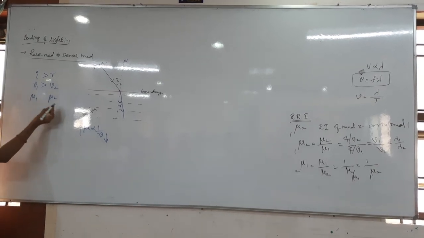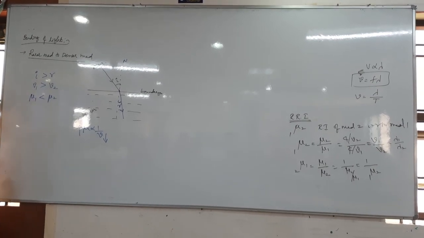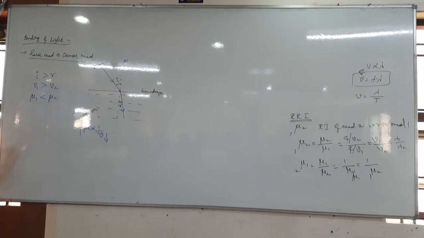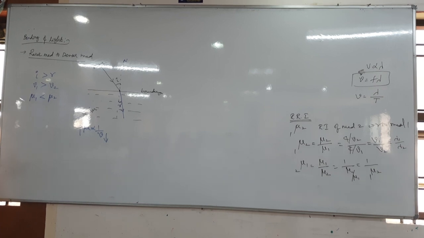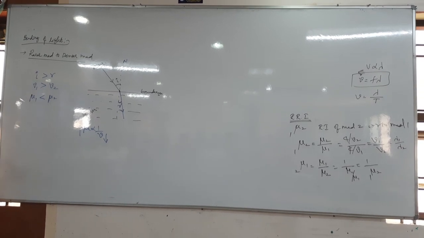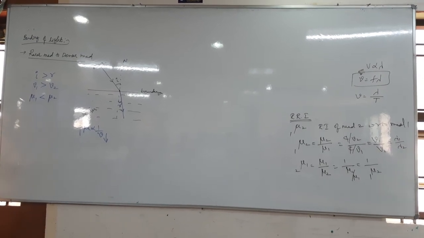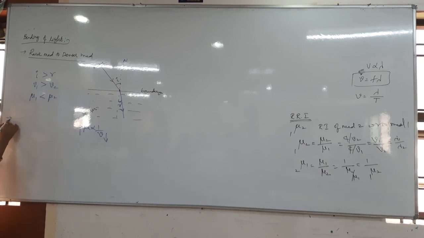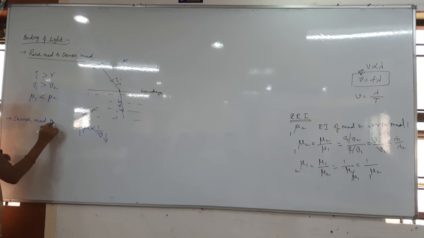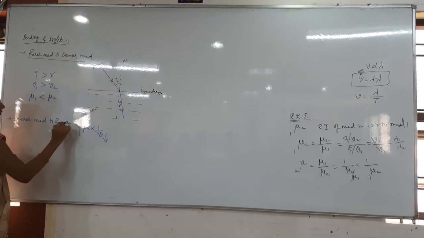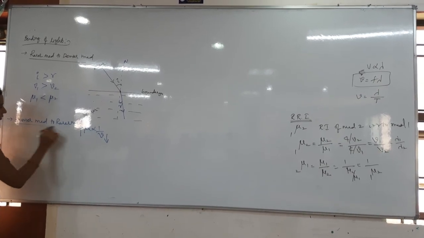So I can say mu2 greater than mu1, otherwise mu1 less than mu2. And this is about the velocities, the refractive indexes, the angle of incidence and the angle of refraction. Clear? After that, whenever you take the denser medium to rarer medium, what happens? How will it move?